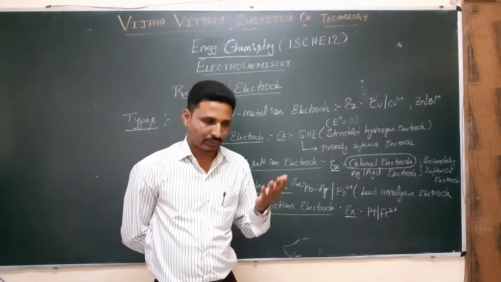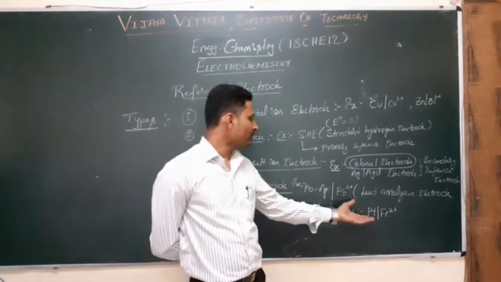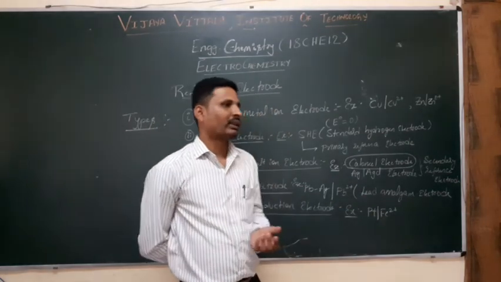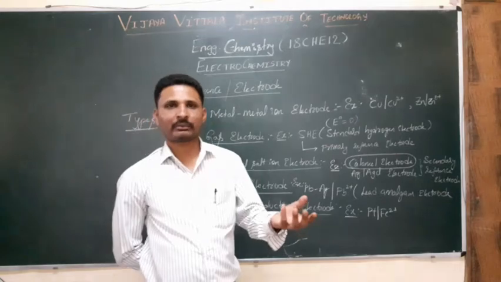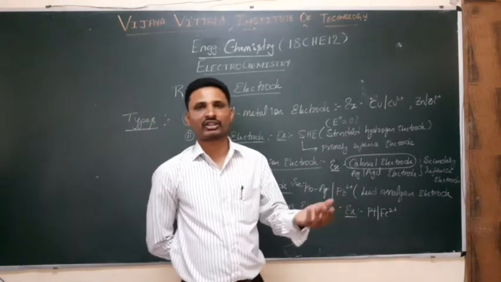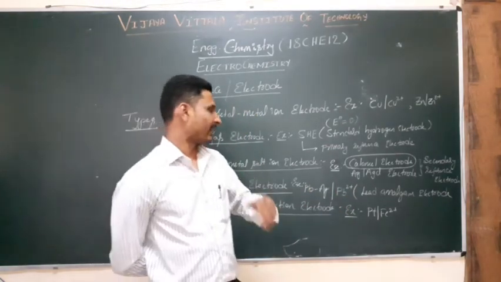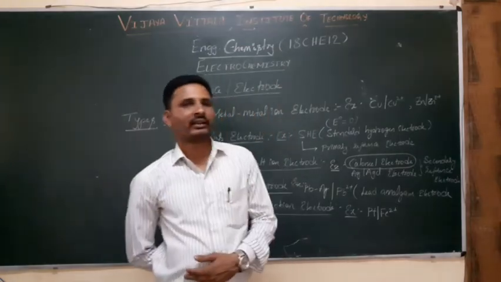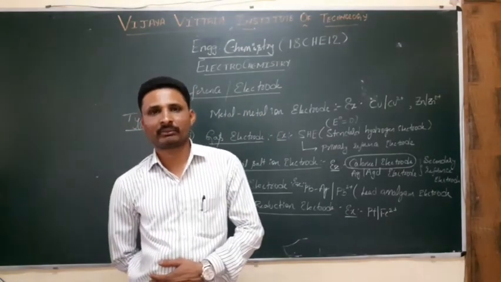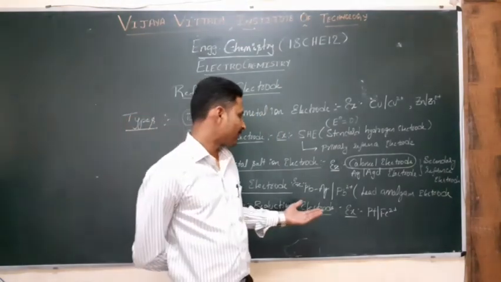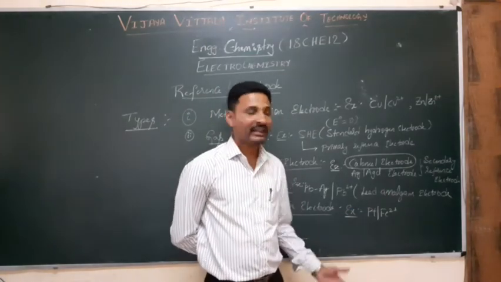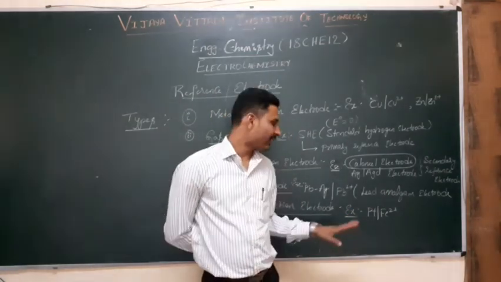Understanding? This electrode we also use in one experiment, the potentiometric estimation of FAS, iron 2+, using this platinum electrode as an indicator electrode. It is not actually a reference electrode.